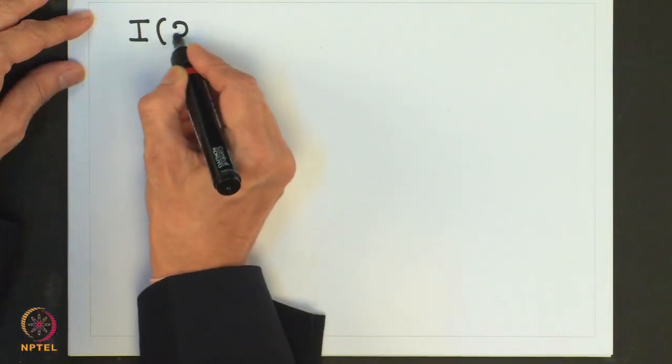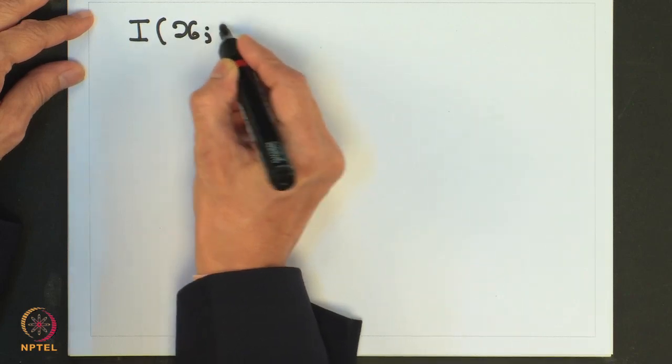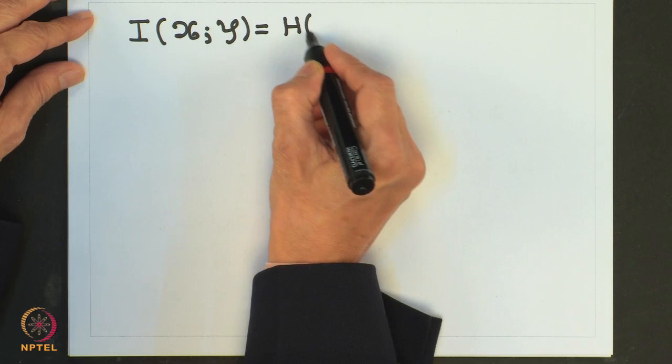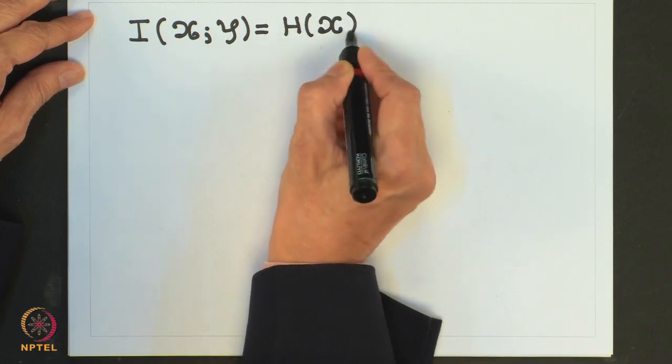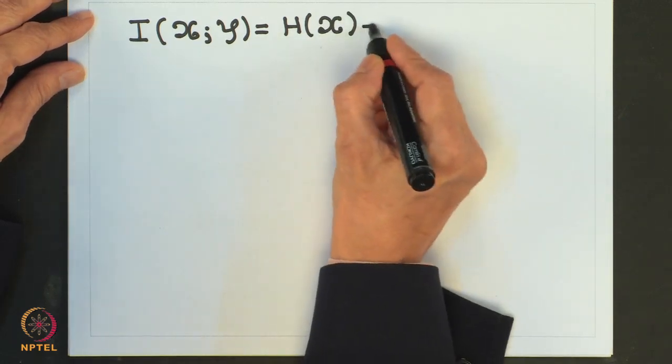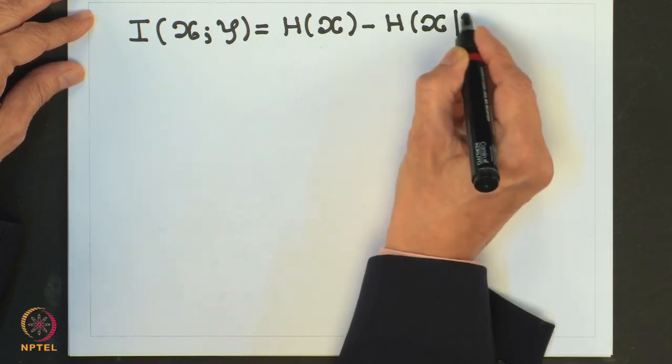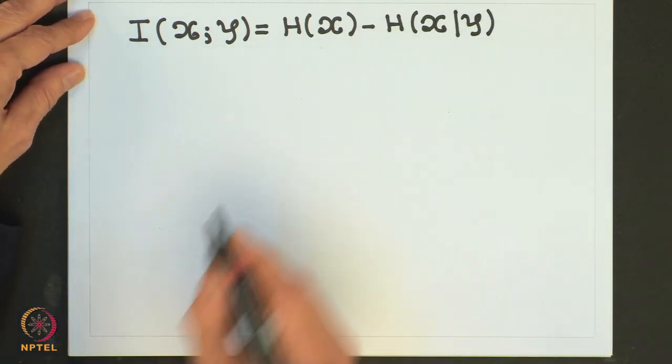To do that, let us first calculate the mutual information, which is equal to H(X) minus H(X given Y).